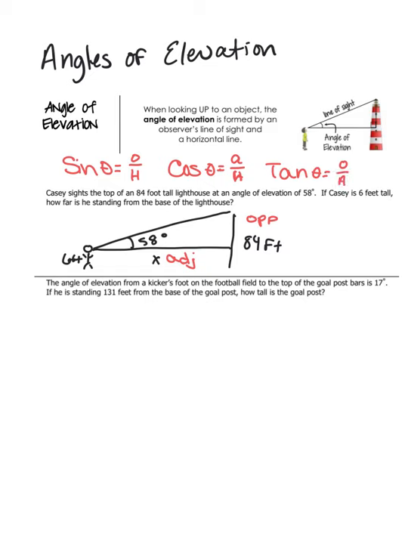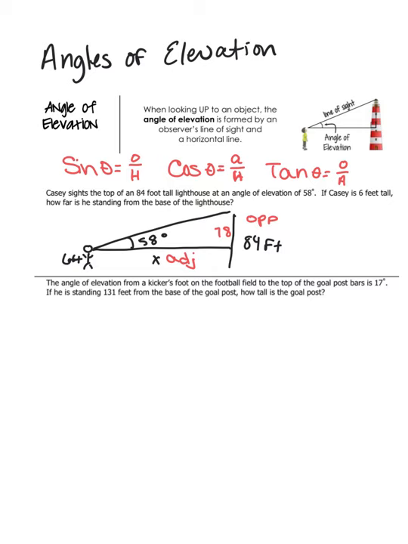Now here's what we have to remember about our triangle, is that if Casey is 6 feet tall, it means that his eyes are 6 feet off the ground. And that's kind of important for what we're doing, because the lighthouse itself is 84, but I'm going to have to subtract this 6 so that this distance is only 78, because again, he is 6 feet off the ground.